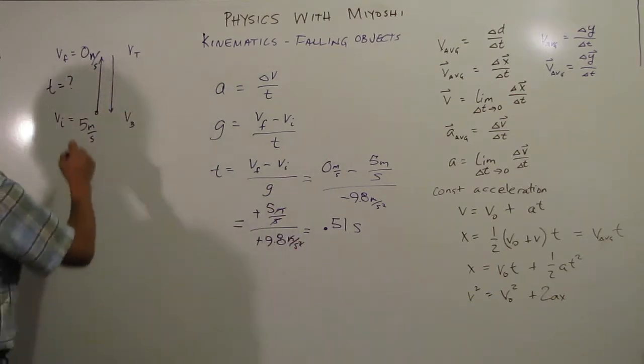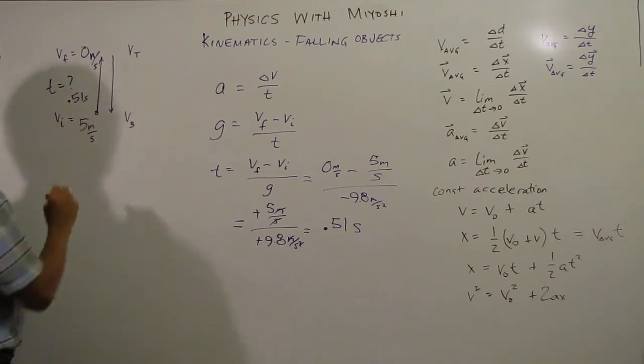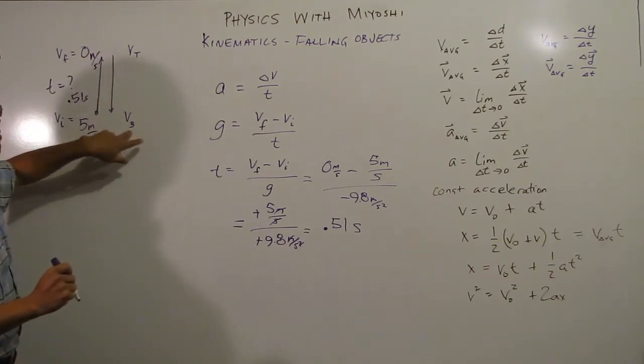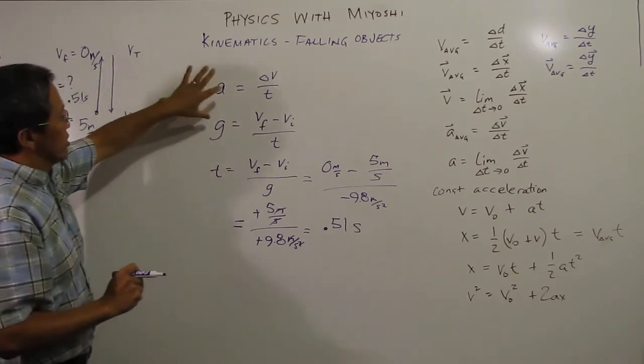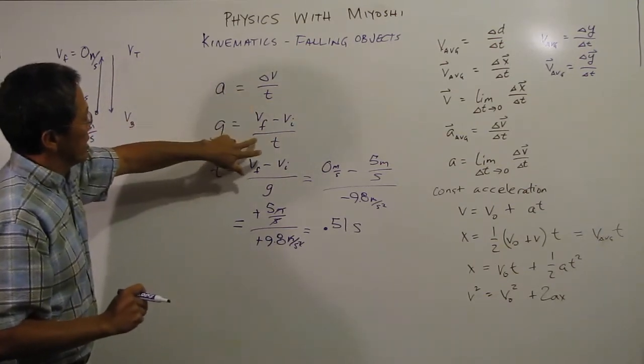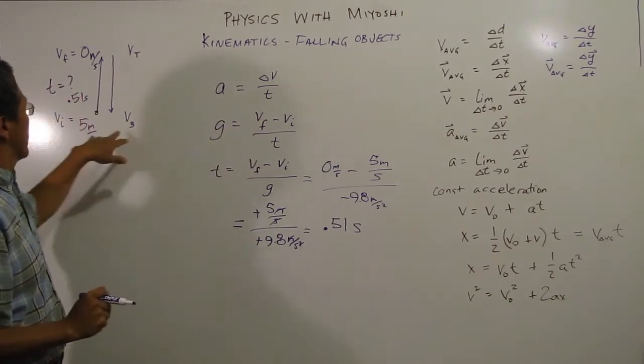So now, we know the time to the top is 0.51 seconds. To show that the velocity on the bottom is just going the opposite direction, we can use the same equation and just put in the different numbers.